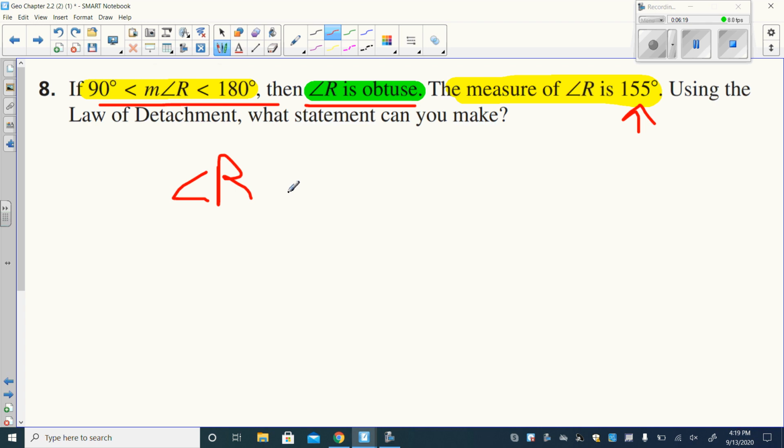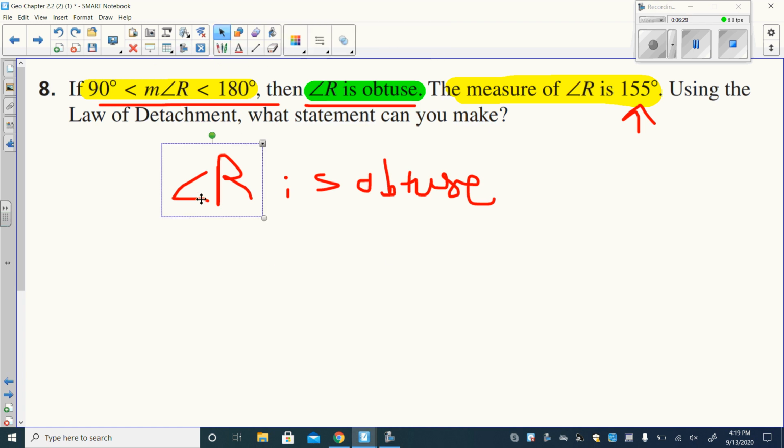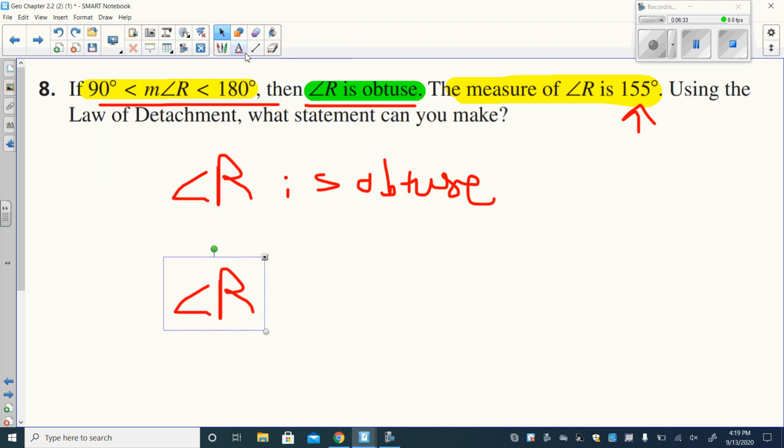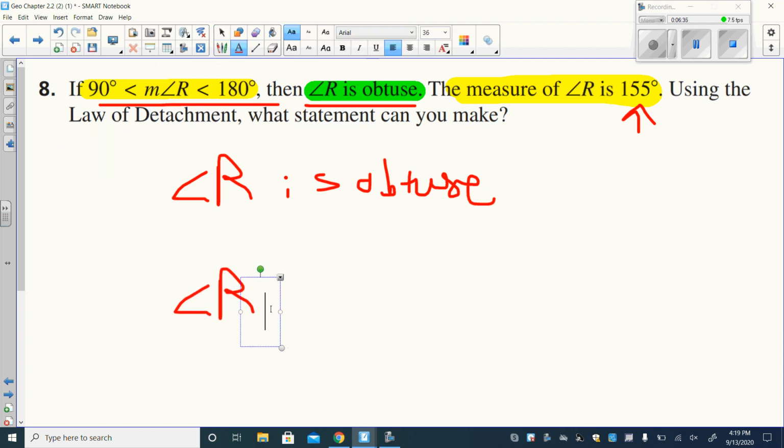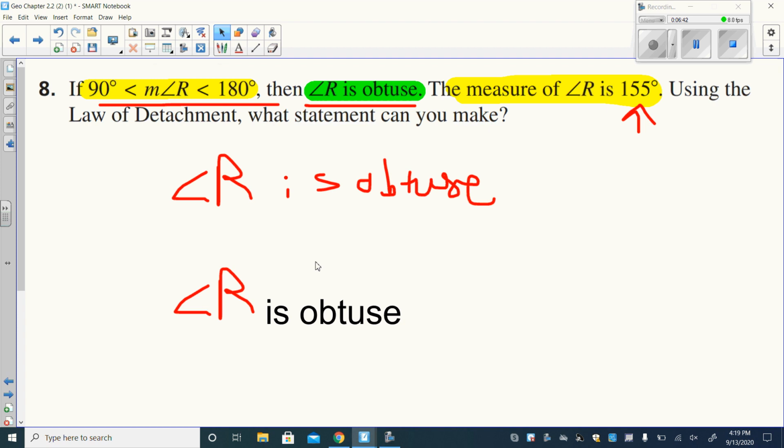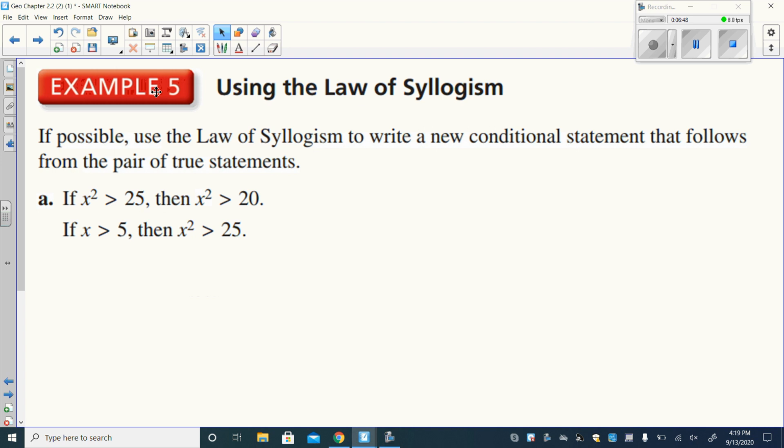So R is obtuse. Angle R is obtuse. Because of the law of detachment, since the hypothesis was true, the conclusion must be true also.